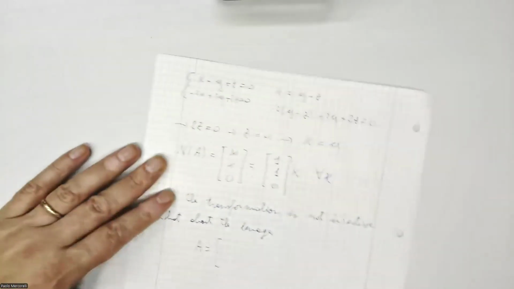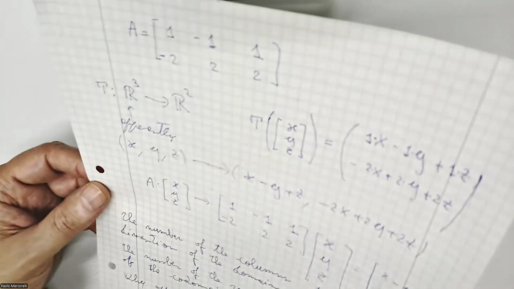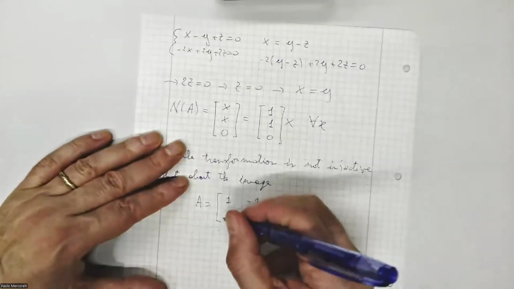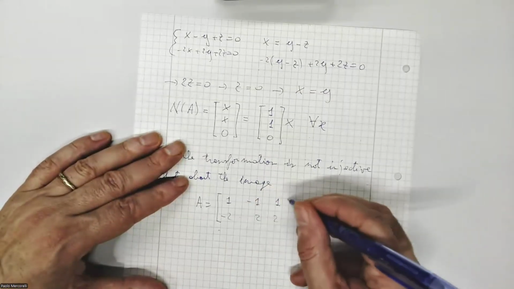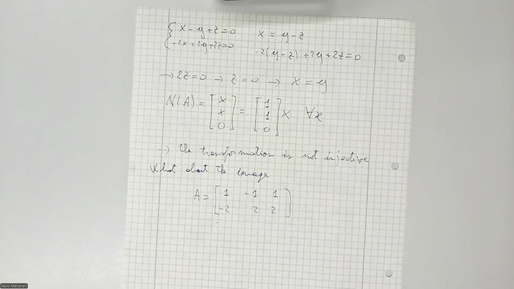The matrix was, let me copy, 1, minus 1, 1, and then minus 2, 2, 2. No? This was. I hope I copy correctly from the slide. No? I copy correct.